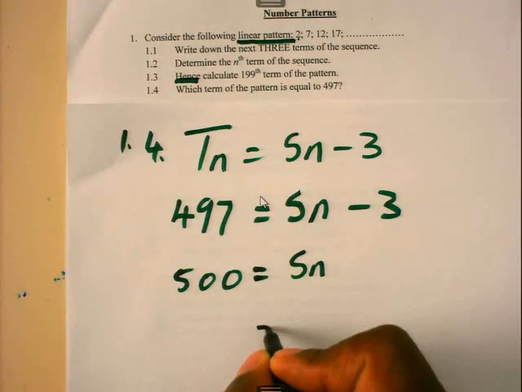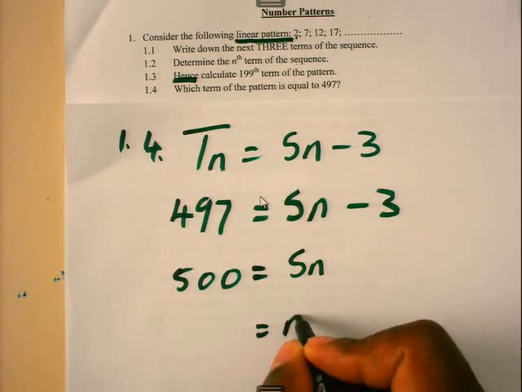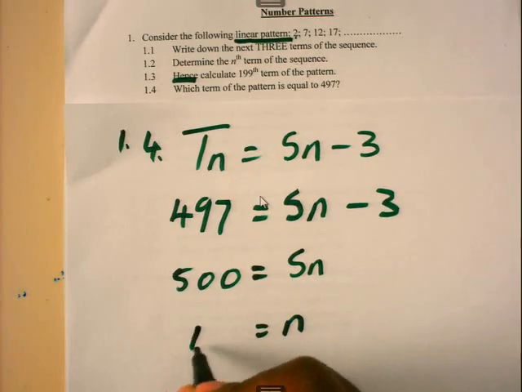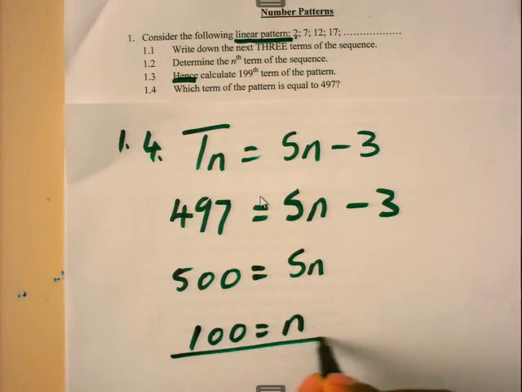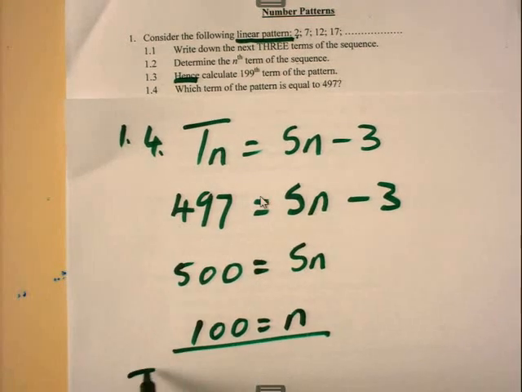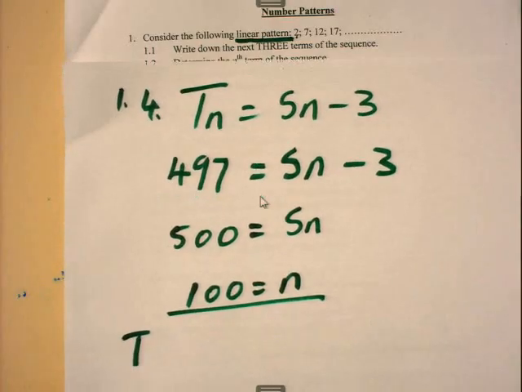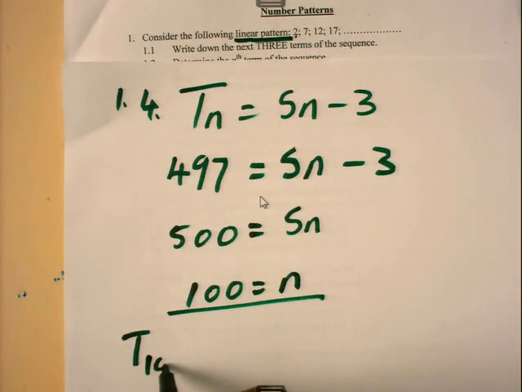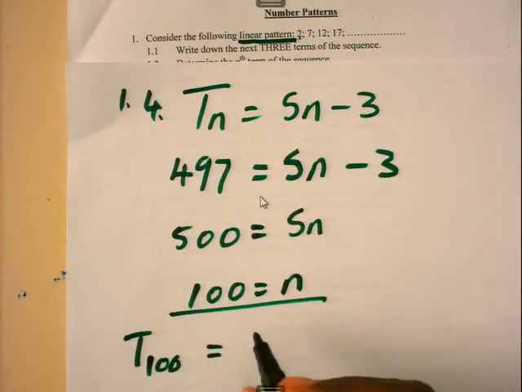If you divide by 5, you'll be left with n, and 500 divided by 5 is 100. So n is equal to 100. What does that tell us? It therefore means term 100 is the one that is equal to 497.